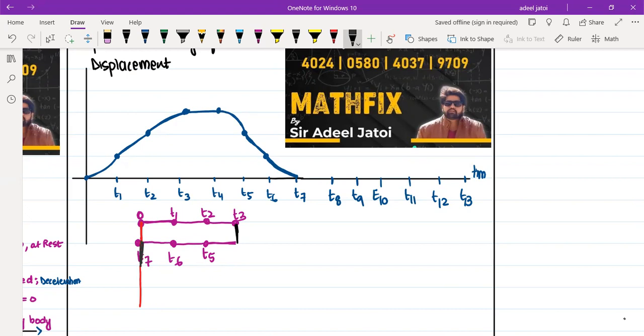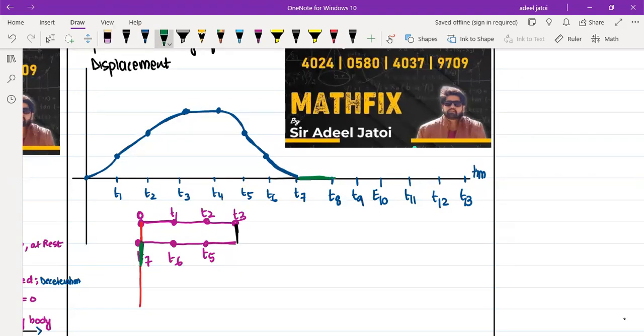Again, there is a rest. But now the body, this point will show me that there is a rest, right? This point is telling me that there is a rest.